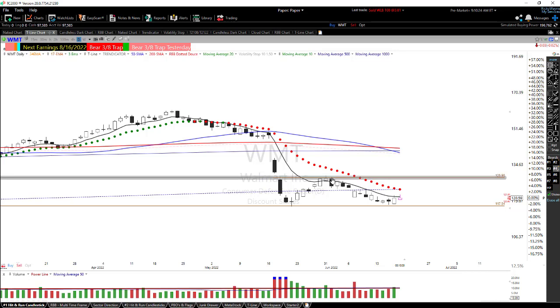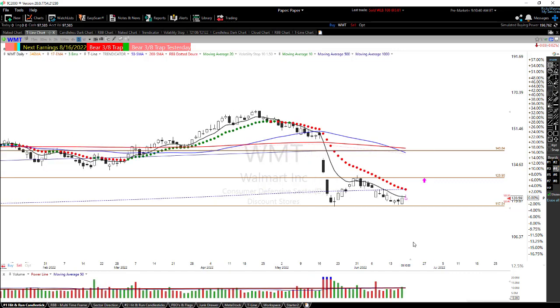Then you would have a low, high, higher low. We break out over that. Then we could put together a higher high, and that could be the tradable bottom. And then this would be the target area up here around 140. So Walmart's got a lot of work to do. A lot of work to do.